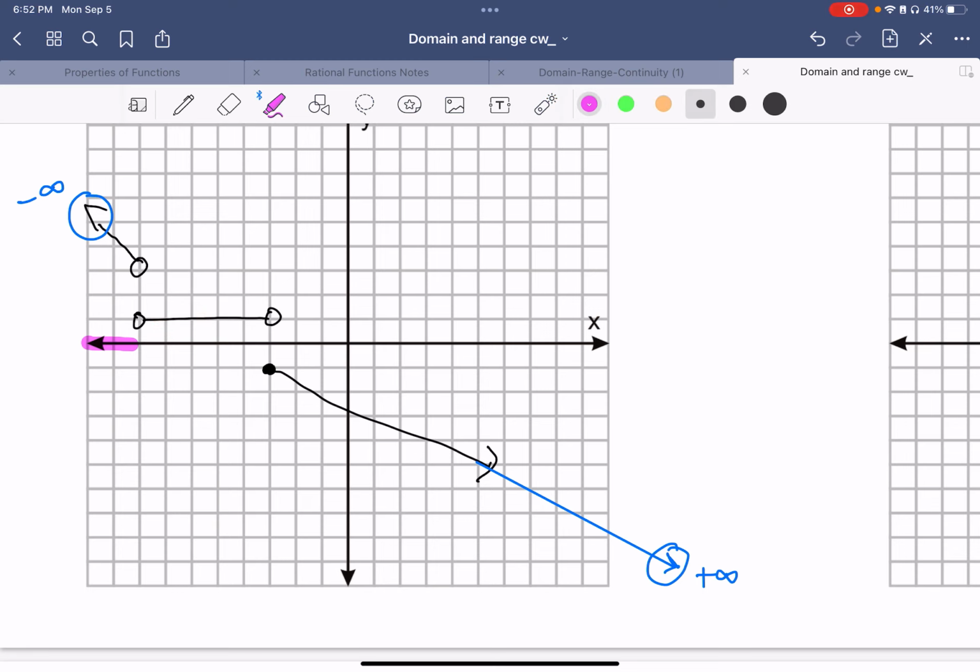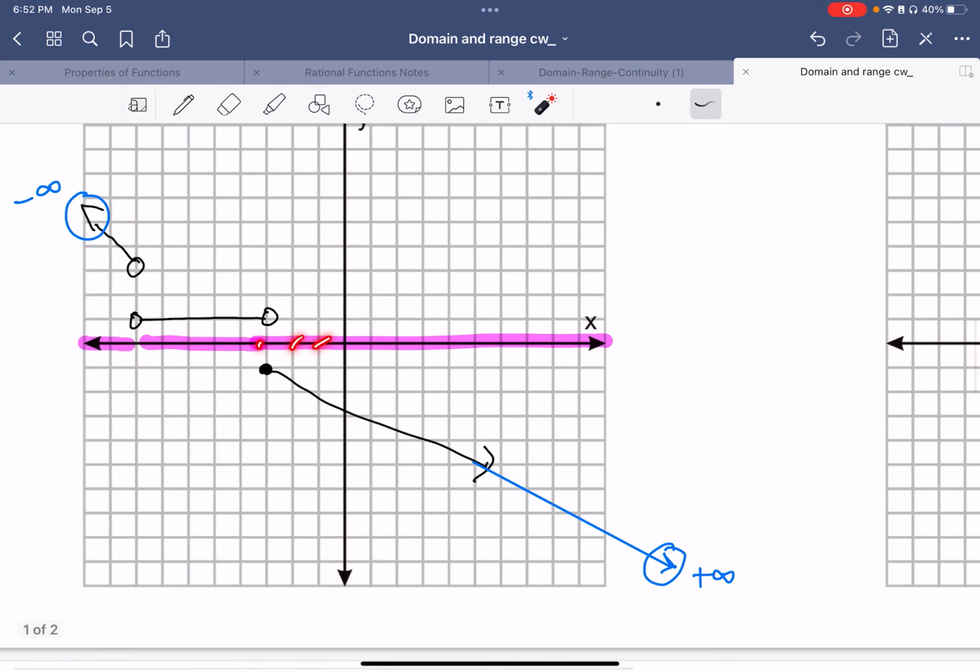Right after that break, I will keep going. Now we have another discontinuity here, open versus closed. I can keep going because there's at least one defined point, and it keeps going on forever to infinity. The only break is right here where there were two open points, which is at 1, 2, 3, 4, 5, 6, 7, 8, negative 8. So our domain is all real numbers except negative 8.